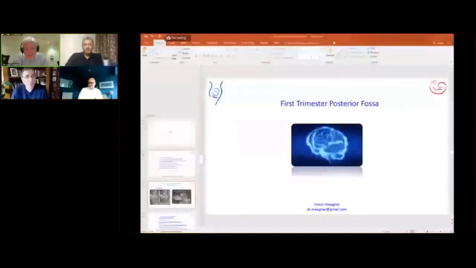The only problem was that we didn't think of a sexy name for our paper. If we had thought of a sexy name like the crash sign, then people might know the paper a little bit better. But Fred came along a matter of weeks or years later and described exactly the same thing without measurement and called it the crash sign. And in a sense, it's exactly the same, describing exactly the same marker, that posterior displacement.